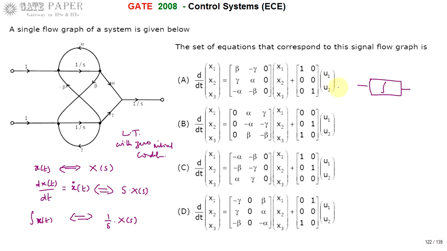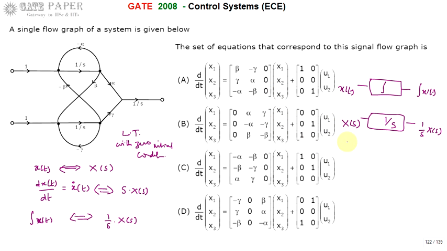If you give x of t, you will get the integral of x of t as the output. In the frequency domain, that integration is equal to 1 by s applied to the equivalent frequency domain signal x of s, so you get 1 by s times x of s. Instead of x of s, you can give any signal to this integrator.